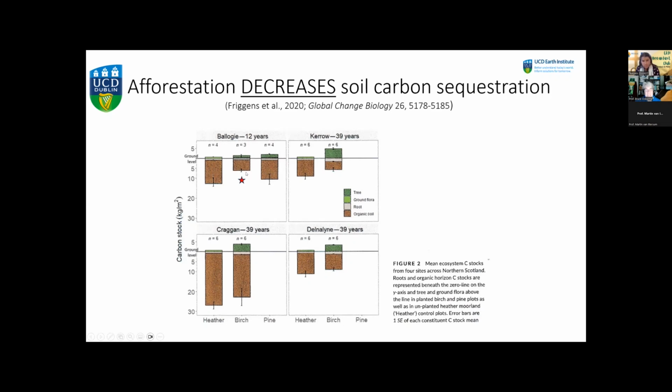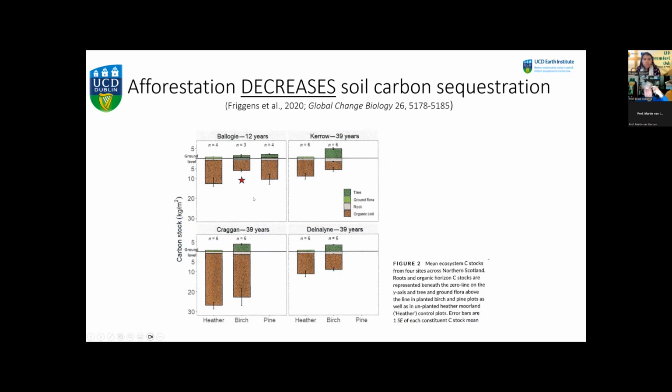And you can see generally that in all the examples, there's a reduction in below ground carbon. Now, it's not always significant, but in some cases, the first example there, the 12 years old Balogi site, there is a significant reduction in soil carbon. But there's a trend in each of these examples for a reduction in soil carbon sequestration.